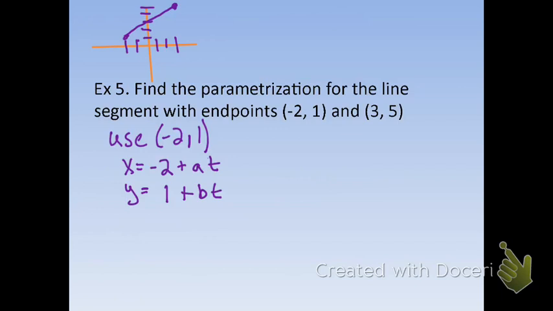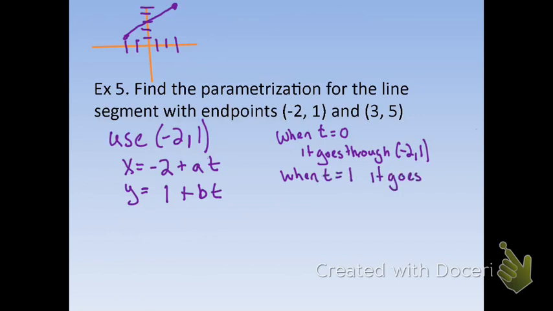So let's say when t equals 0, we know it goes through -2, 1. Okay? And when t is 1, it goes through (3, 5).